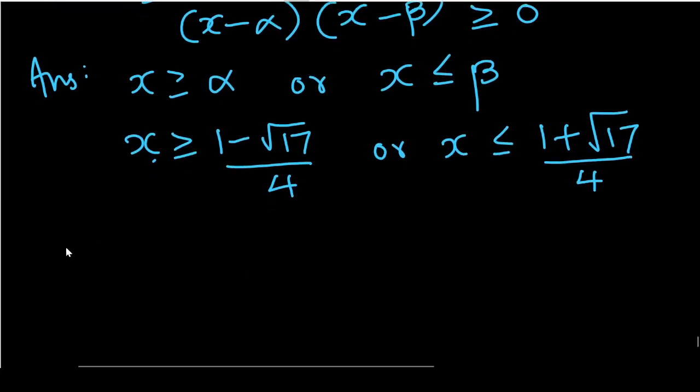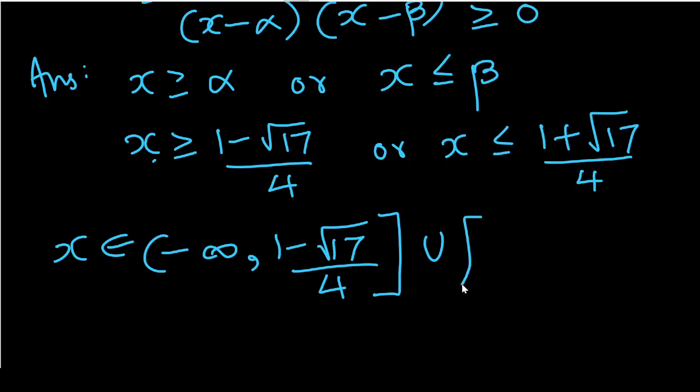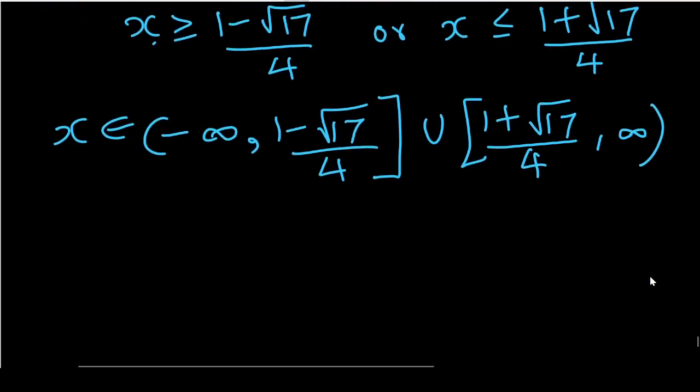And in interval form we can write it like this: x belongs to minus infinity to 1 minus root 17 by 4 closed interval square bracket, union square bracket 1 plus root 17 by 4 to infinity open bracket. So this is the final answer.